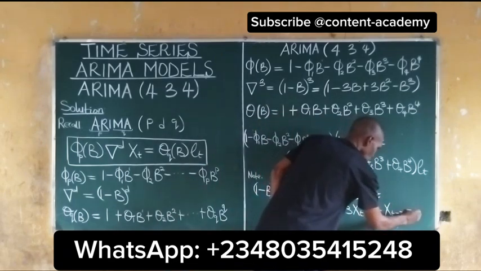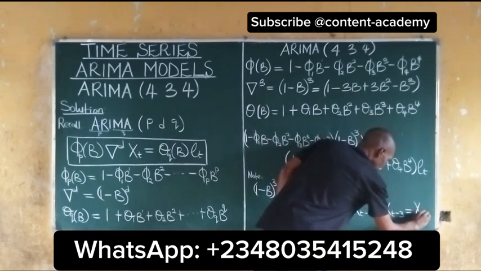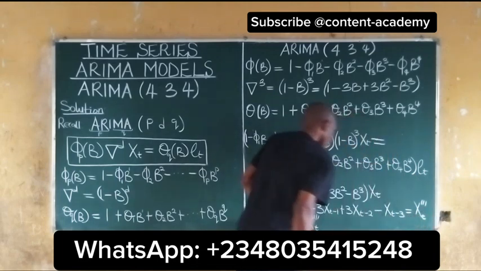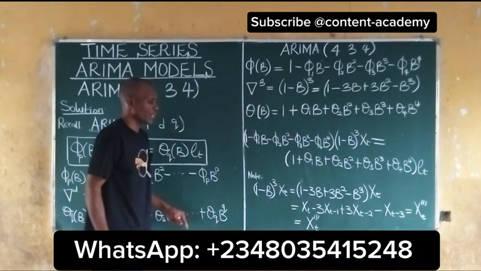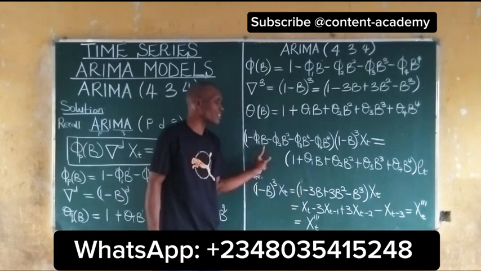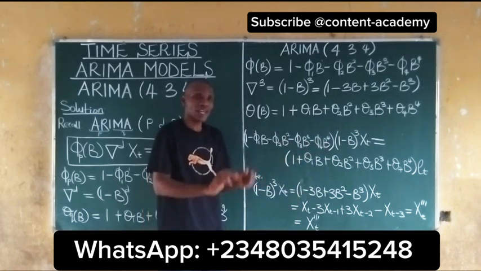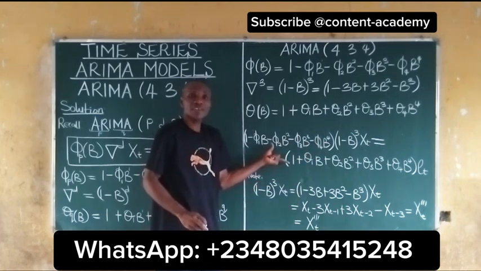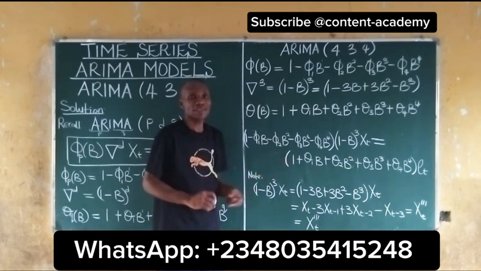That means this is equal to X 1, 2, 3, then t. So that is it. Since we have Xt, this is what we'll use in writing out this model clearly.